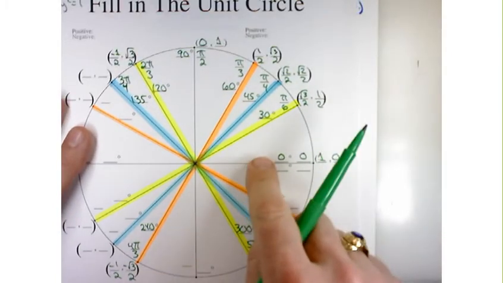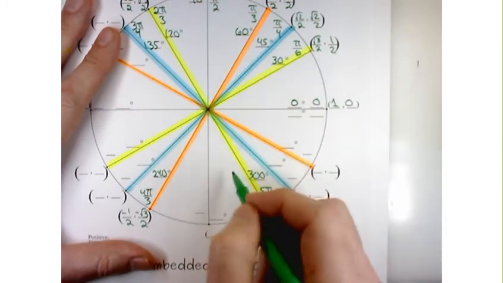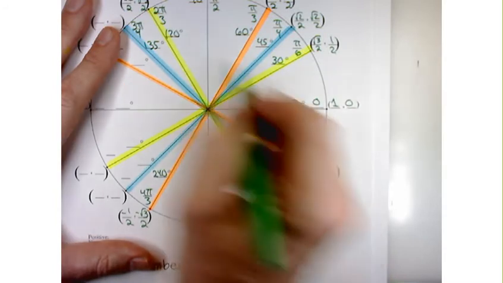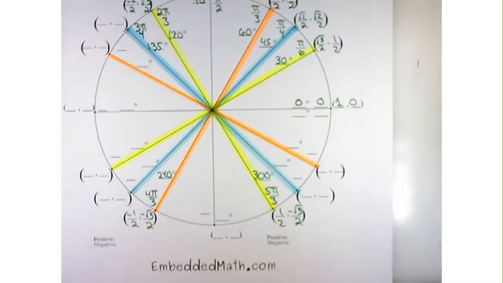Notice that instead of going positive 60 degrees, you're essentially going negative 60 degrees. Negative 60 degrees is going to be the same thing as a positive 300. So in this way, you can get all the coordinates and angles and radians that you need by working around the unit circle.